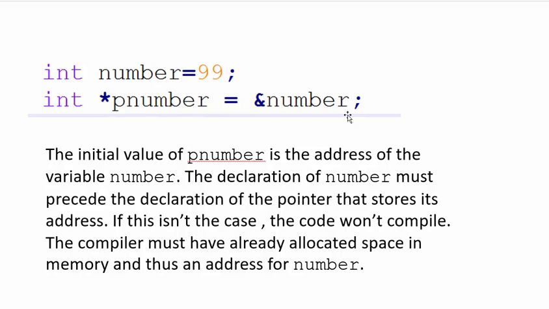Otherwise, the compiler won't know what to do, your code won't compile, and you'll get an error. So you must already have allocated some space in memory for number before you can have a pointer to number, before you can store the address of number. That makes sense. You have to have a number stored in memory somewhere before you can store the address of that variable. So that order is critical.